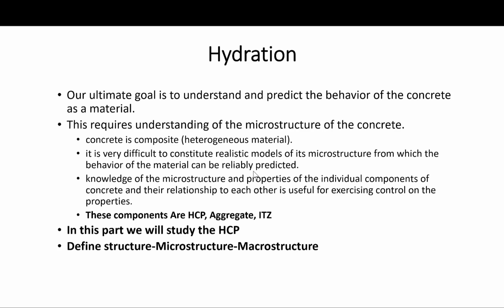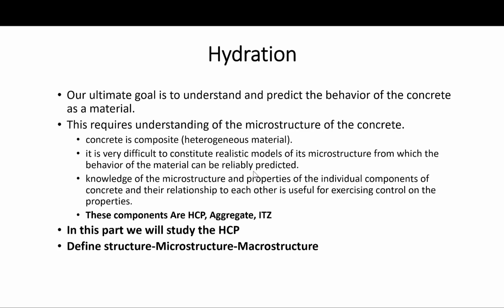So it is very difficult to build realistic models of its microstructure from which the behavior of the material can be reliably predicted. However, knowledge of the microstructure and properties of the individual components of the concrete and their relationship to each other is useful for having control on the properties.